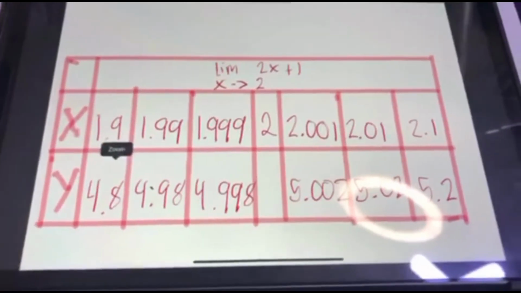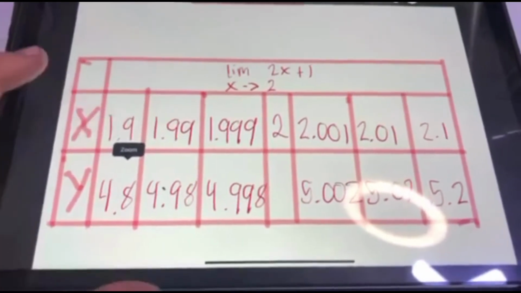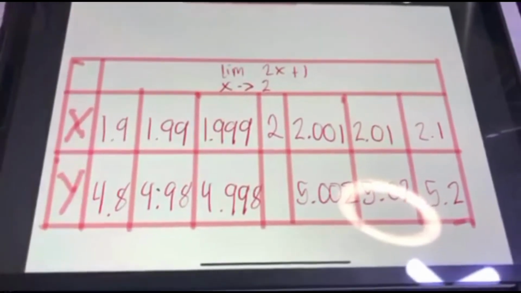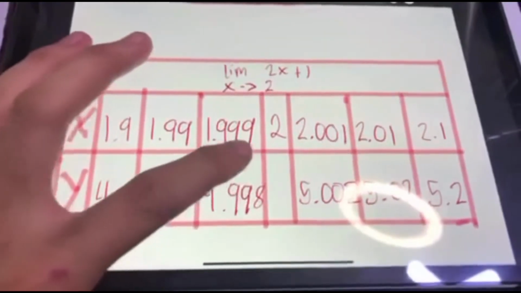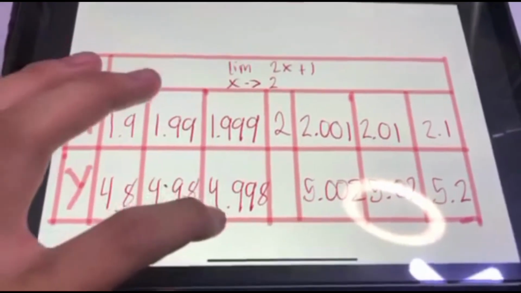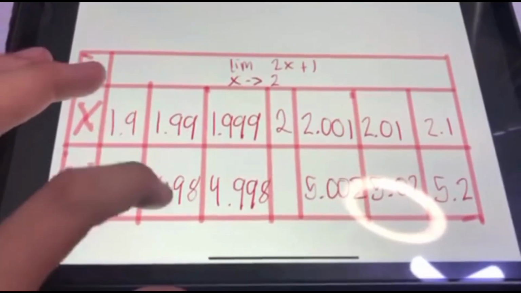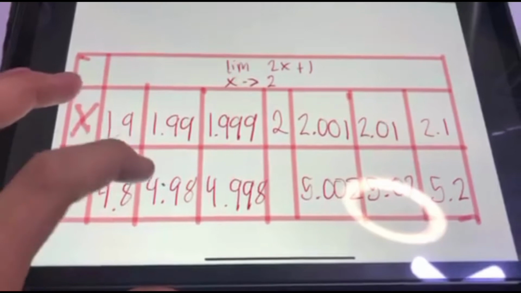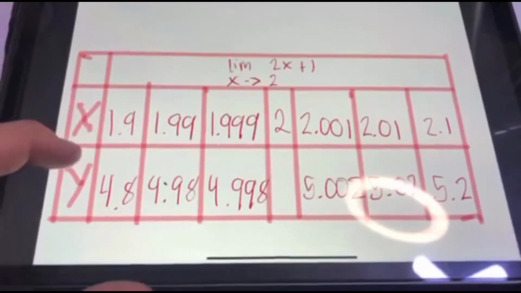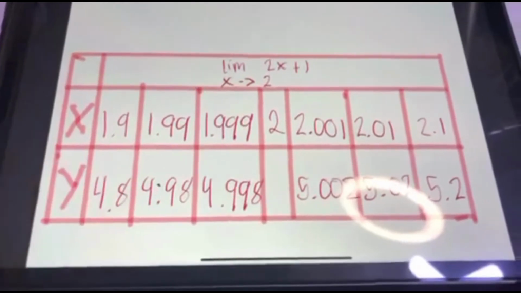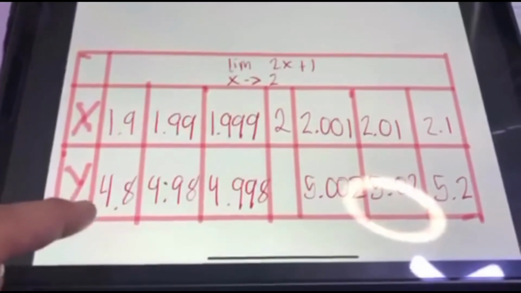The next step is to substitute the value of x in our equation. So 1.999 will become 4.998, 1.99 will become 4.98, and 1.9 will become 4.8. So that's our left hand side.